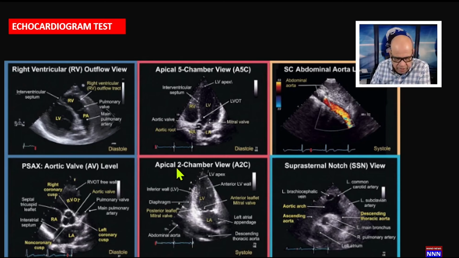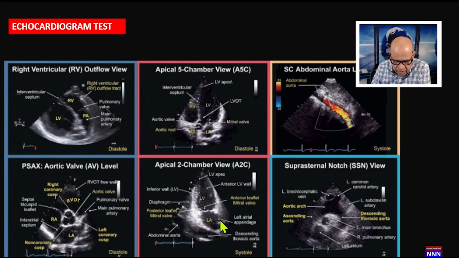Let's move on to the apical two-chamber view, where we see the left ventricle and the left atrium along with the mitral leaflets. Of course, we know these mitral leaflets and the atrium, but here you need to know which part of the left ventricle this is covering. As you can see, this is covering the inferior wall, whereas this is covering the anteroseptal region, anterior wall of the septum.